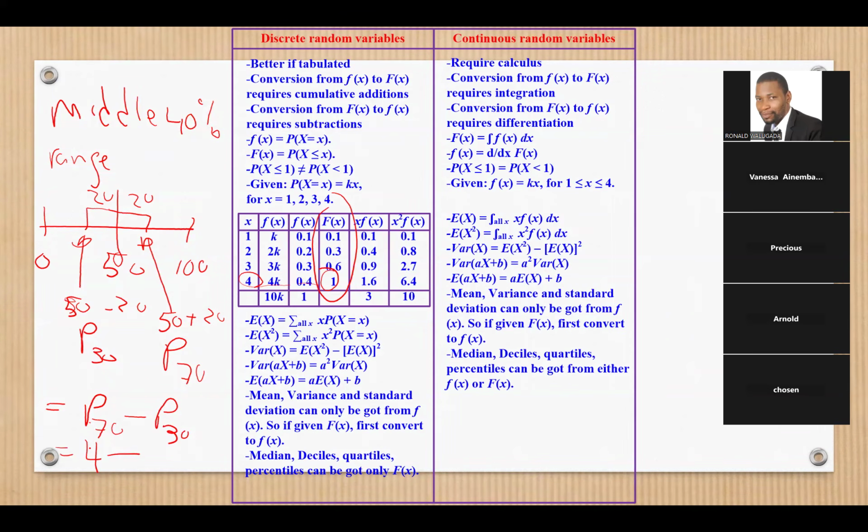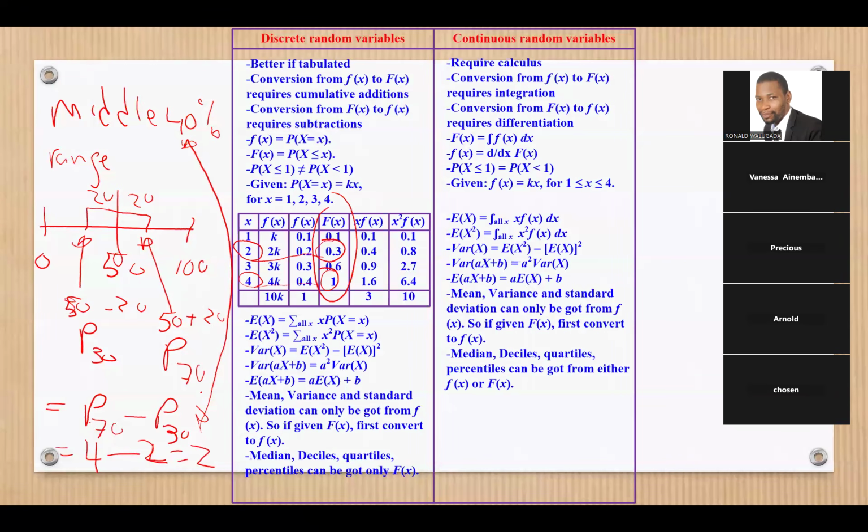A value slightly greater than or equal to 0.3. We already have 0.3 here, so it corresponds to 2. That will be our P30. Then when I subtract the 2, I'll get this. So in that case, I've got the middle 40% range. So basically, that's how they get percentiles, deciles, quartiles, and medians in discrete.